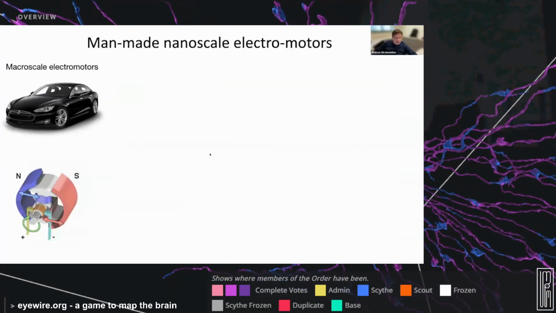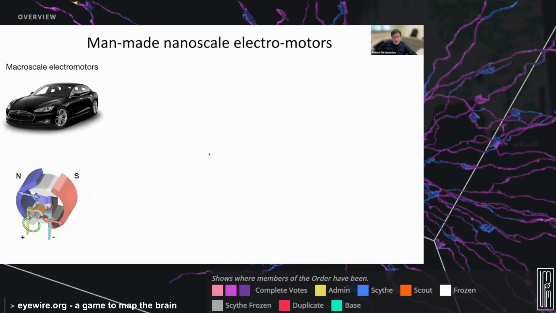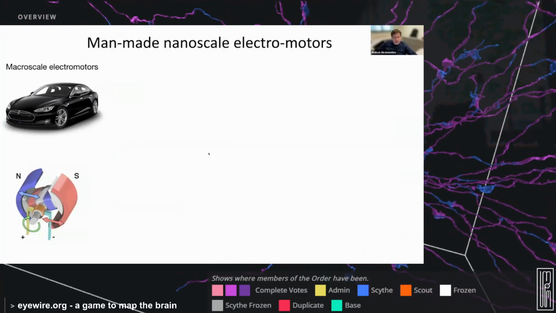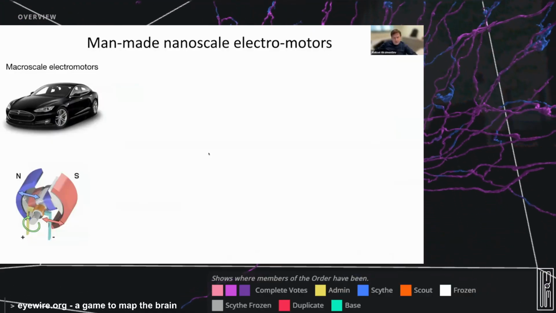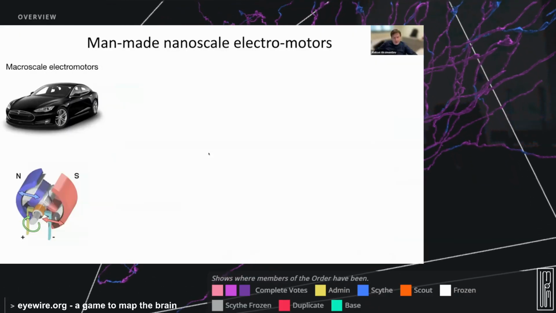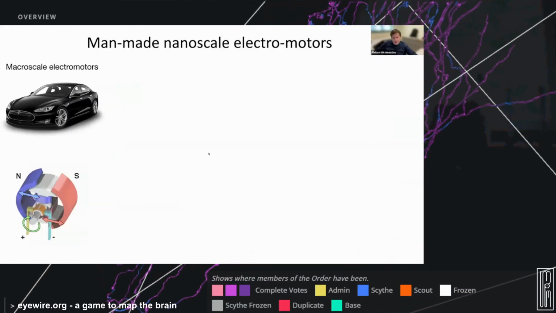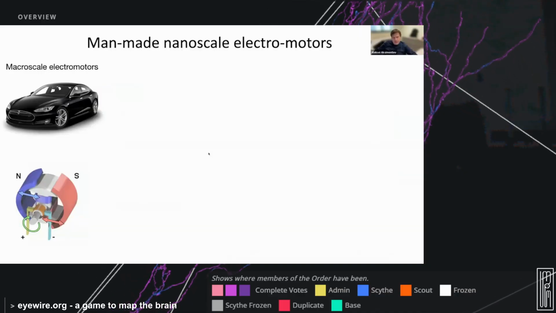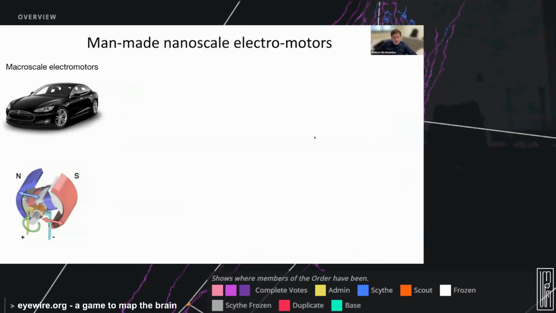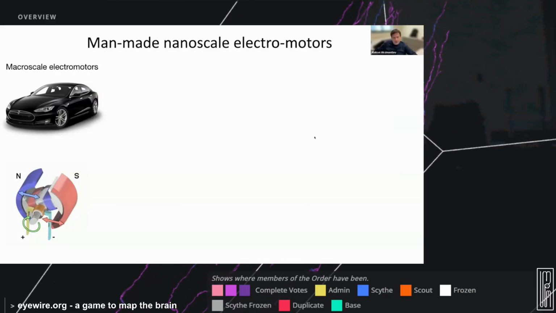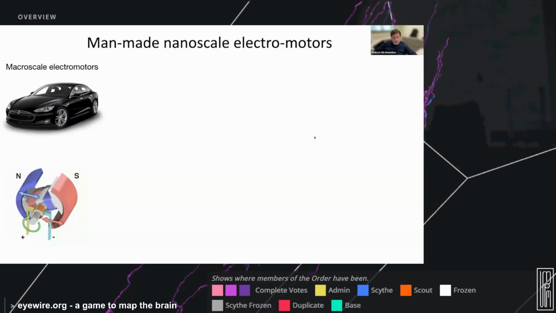We are all familiar with electromotors. Some of you may be driving them. But the way they work is that you have a coil of wires and magnets, and then by Lorentz force induction, you generate torque, right? This kind of mechanism is very difficult to scale down because of physical constraints.